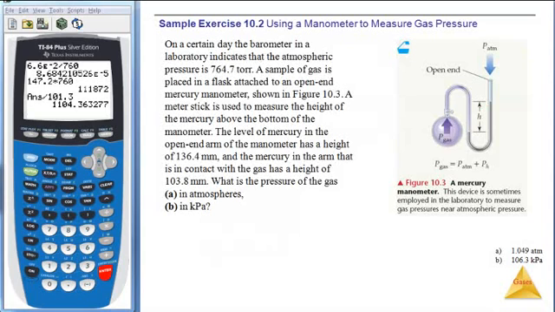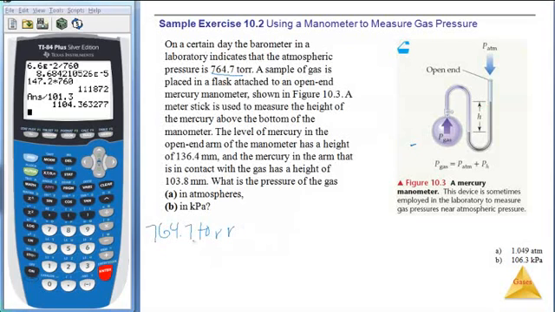Okay, on a certain day, the barometer in a laboratory indicates 764.7 torr. A sample of gas is placed in a flask attached to an open-end mercury manometer, shown in this diagram. A meter stick is used to measure the height of the mercury above the bottom of the manometer.